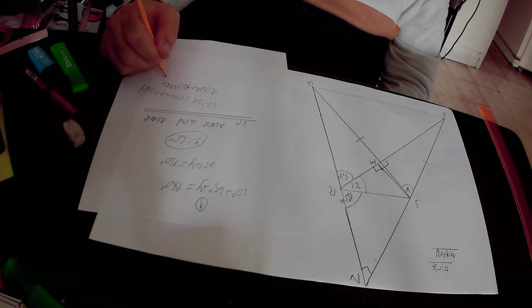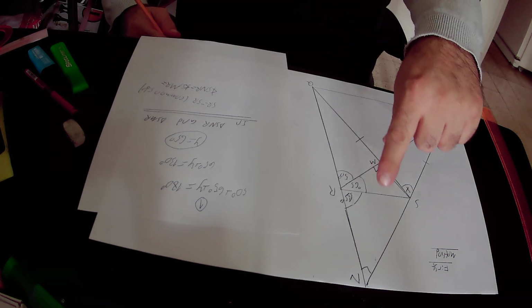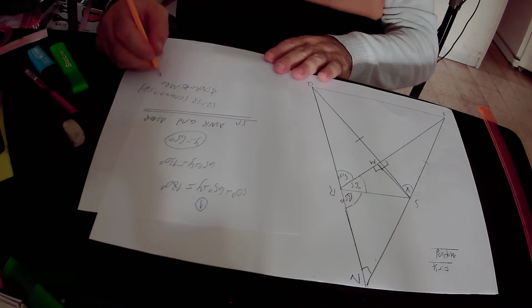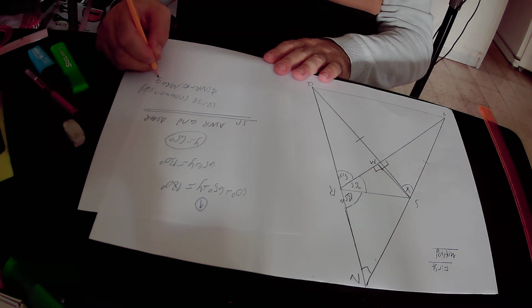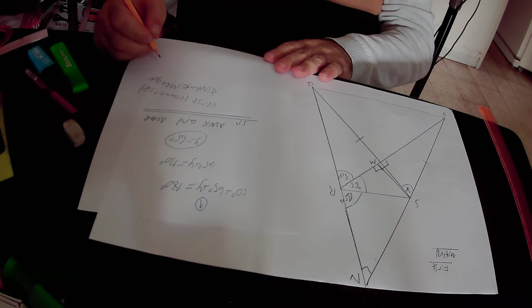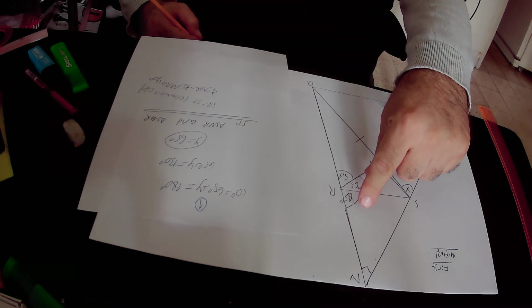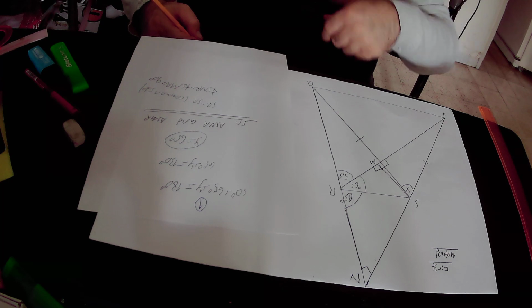Both those angles are right angles, and they are equal to 90 degrees. And we also know that those two angles are equal to each other, and they are both equal to 65 degrees.